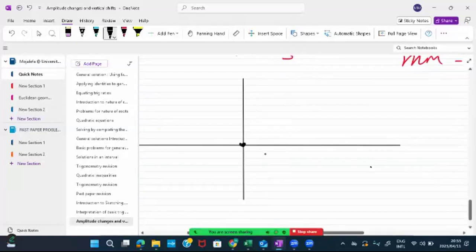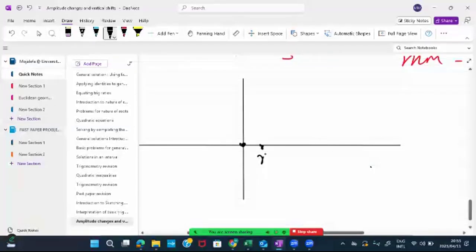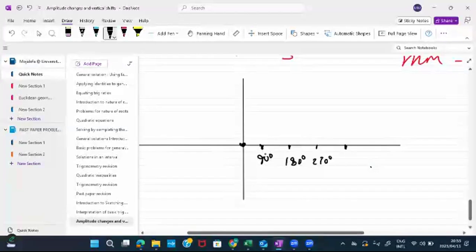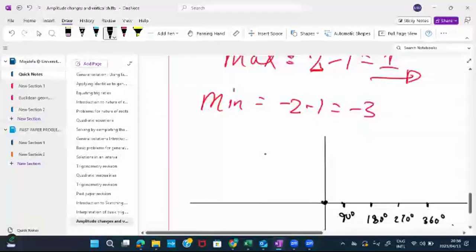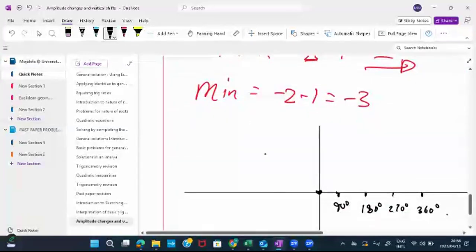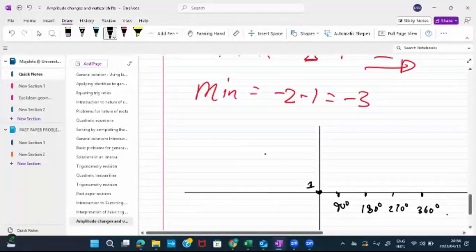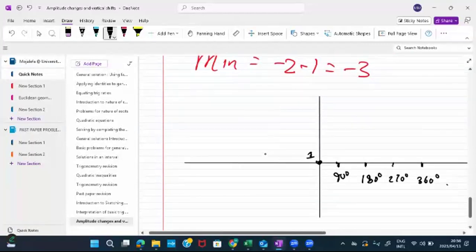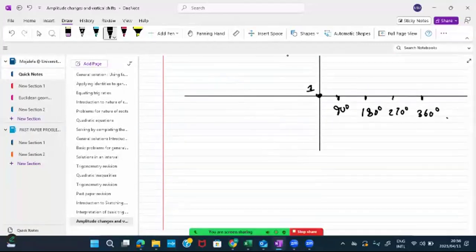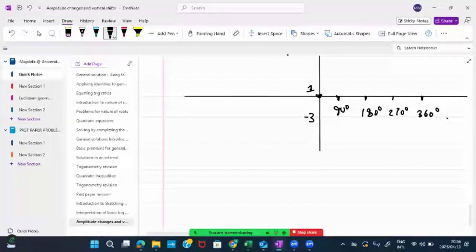We always move by multiples of 90. So it will be 90, 180, 270, 360, right? But then now what is the maximum? It's 1. So this is my maximum. My minimum has to be -3. So there is my minimum, right?